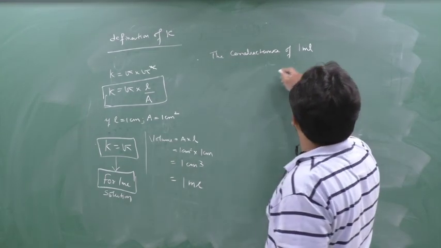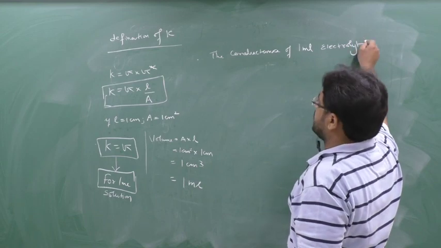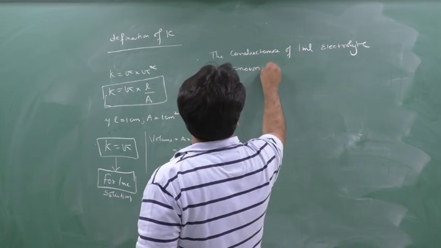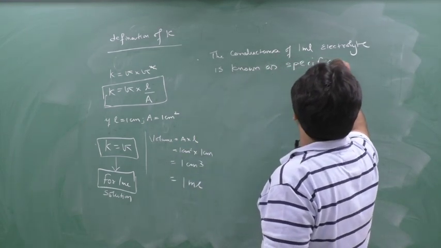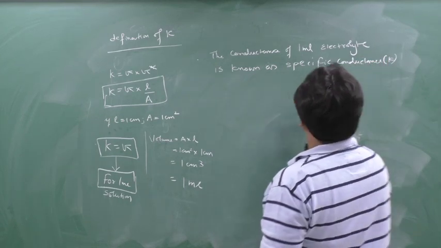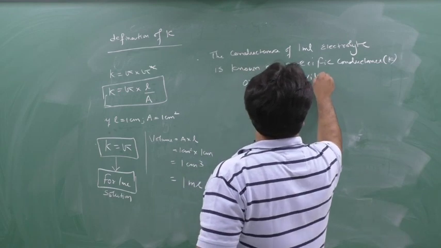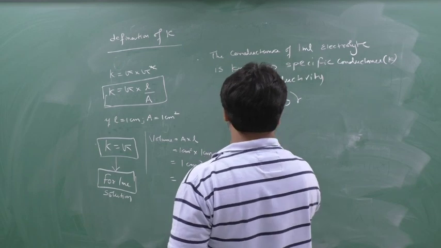The conductance of 1 ml electrolyte is known as specific conductance K or conductivity. Or simply I can say 1 ml of electrolyte.